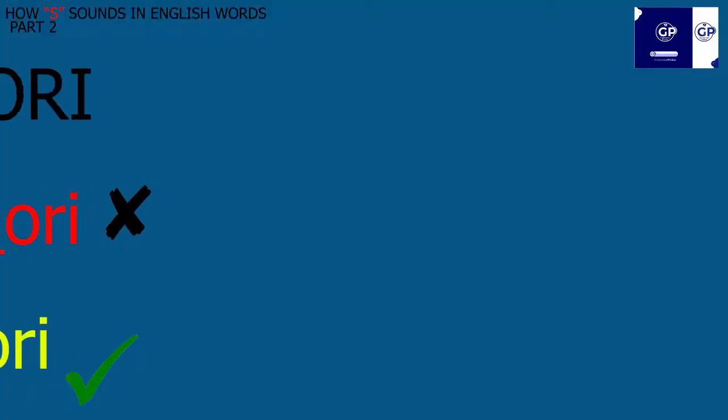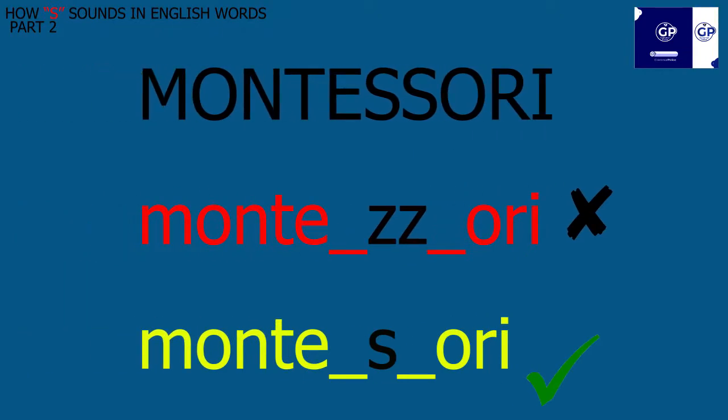Since the S's are two, we don't care whether it is between two vowels or a vowel and a consonant or whatever. We give it the original S sound. But a lot of people say it with a Z sound and think that is the correct thing to say. That is so sad. That is wrong. The correct thing to say is Montessori with the S sound.